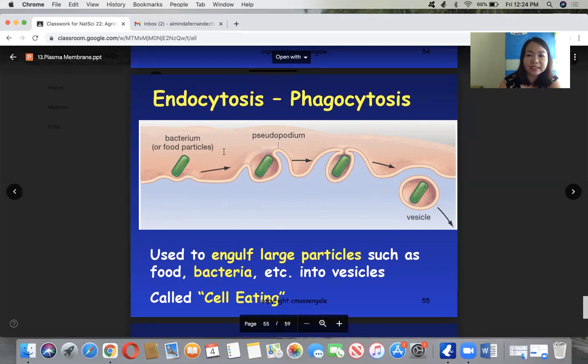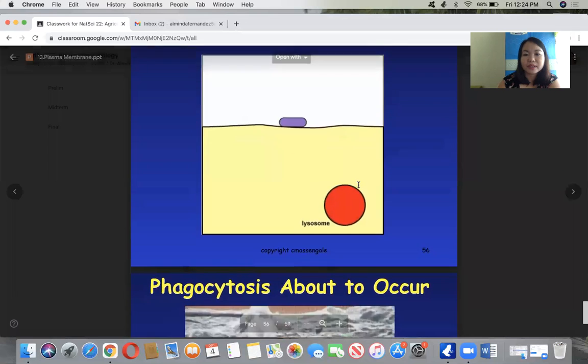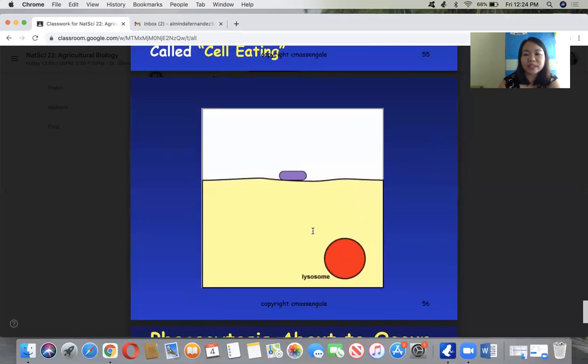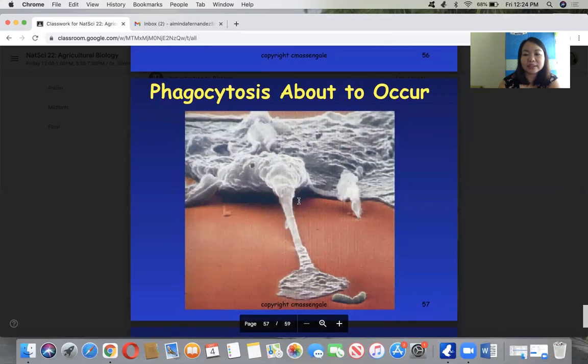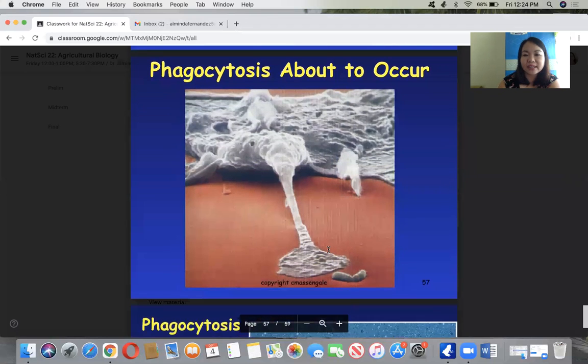It's called cell eating. This is also done by lysosomes. This is phagocytosis about to occur inside the cell.